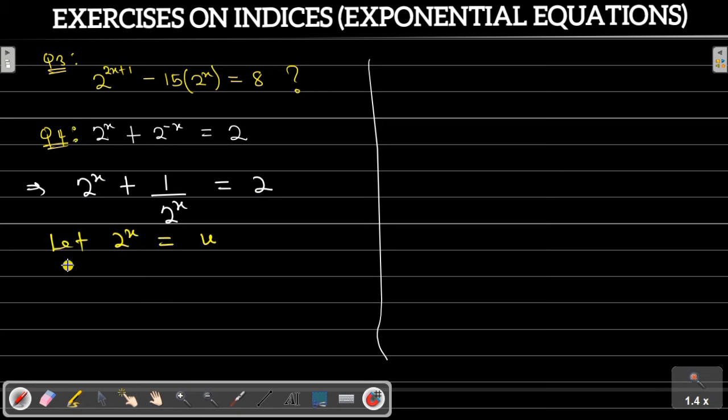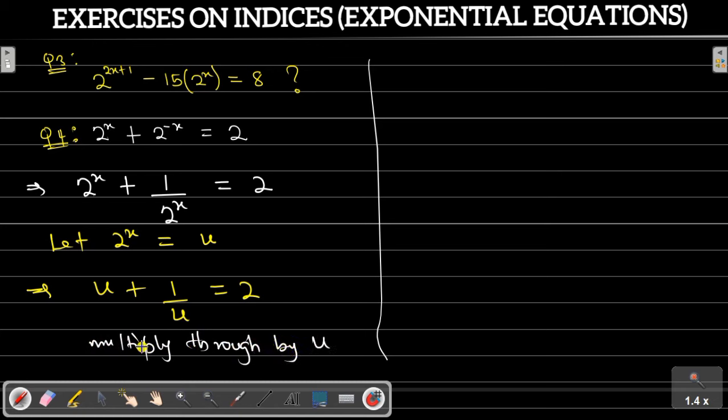So here I will have u plus 1 over u is equal to 2. Beautiful. Just clear the fraction. Either you multiply through by that denominator u, or you take the LCM. Either way you will get the same thing.